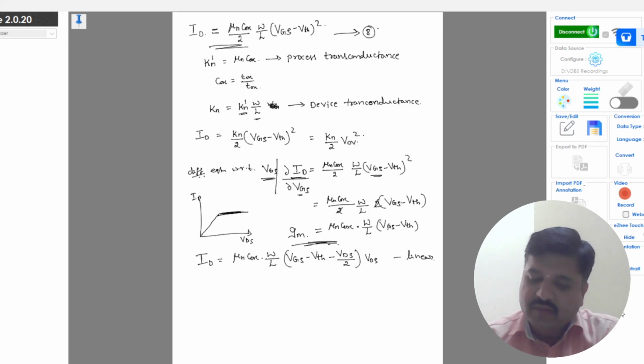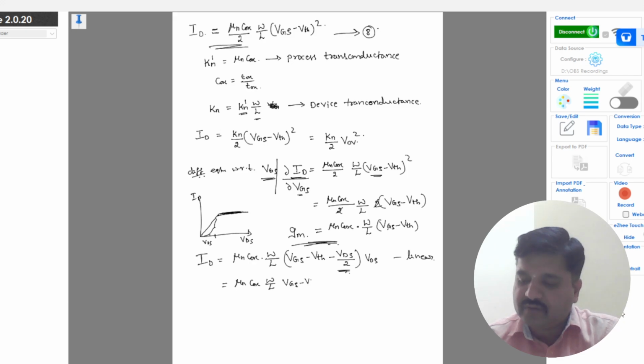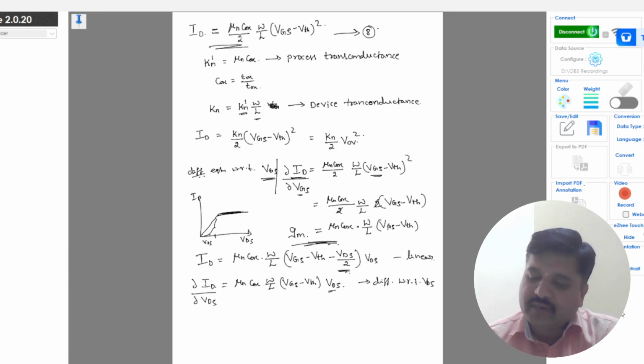For the linear region, for a small value of VDS, the VDS will be small compared to the VDS value in the saturation region. So what we do here, we neglect the VDS by 2 term, and we get μn COX W by L into (VGS minus VTH) into VDS. This is ID. If I differentiate this with respect to VDS, that is the output voltage, we have only VDS as the variable and the remaining terms will be constant.